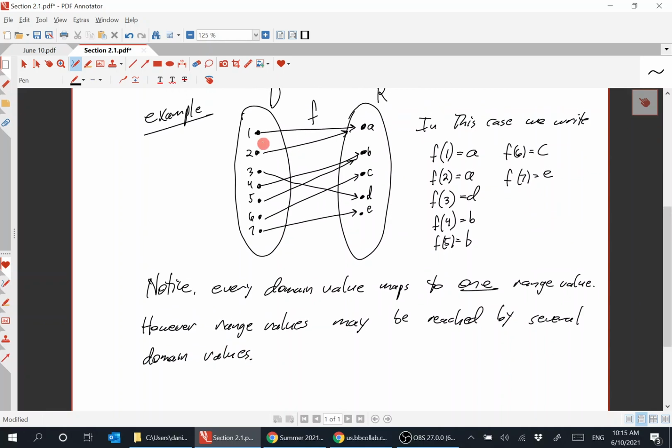Right, so every domain value has one arrow going out, but the range values can have multiple arrows coming in. So multiple arrows may come in, but out arrows you only got one.